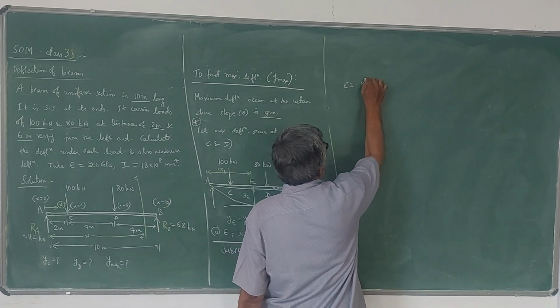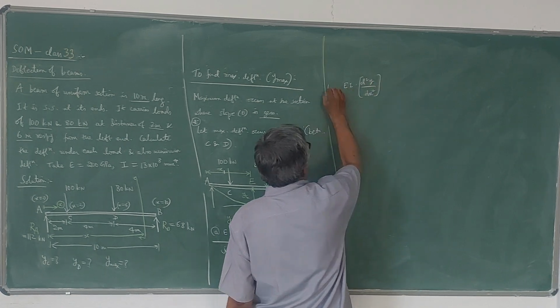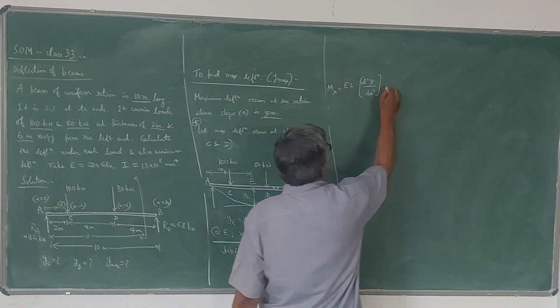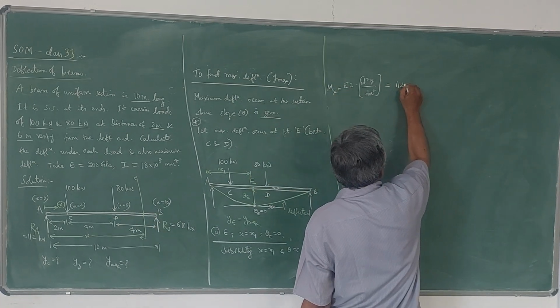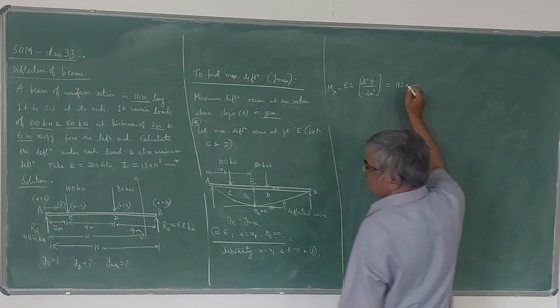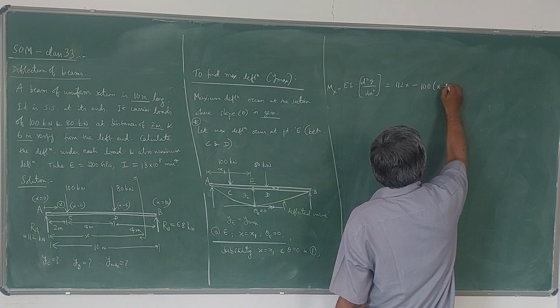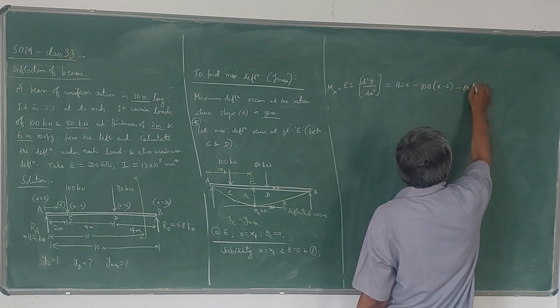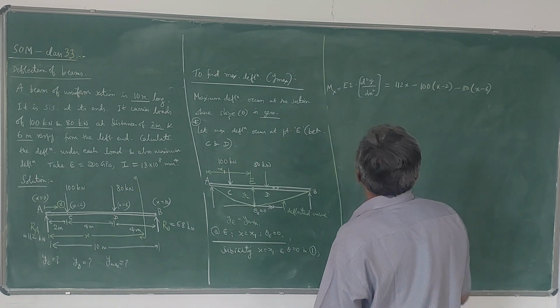EI into d square y by dx square. Already I have written it there. Since I have rubbed it out, I will write once again. So it is 112x minus 100 into x minus 2 minus 80 into x minus 6. So this is the moment equation.